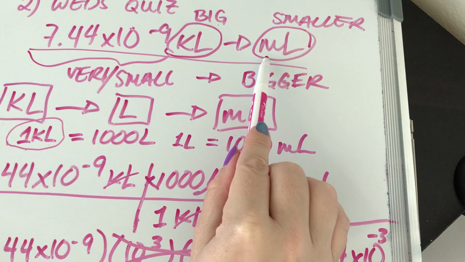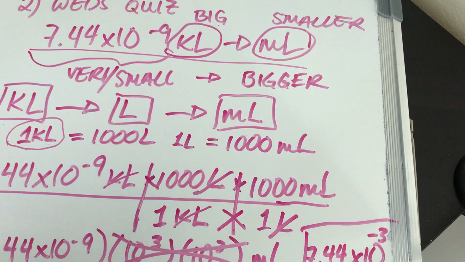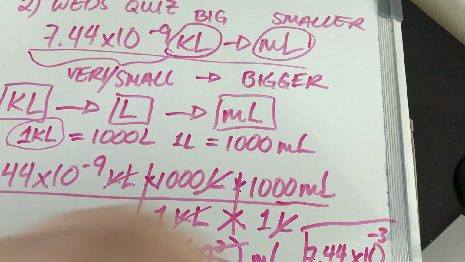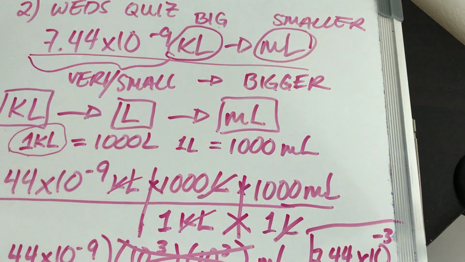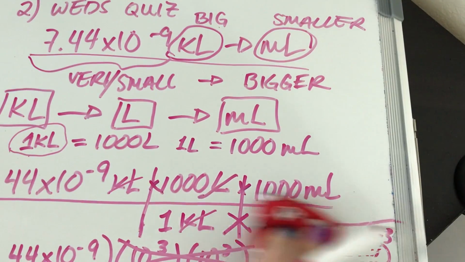And you always want to, if you have a base unit in between, right? So kiloliters is, let me write this down. Can I erase? It's okay? We're good? Cool.